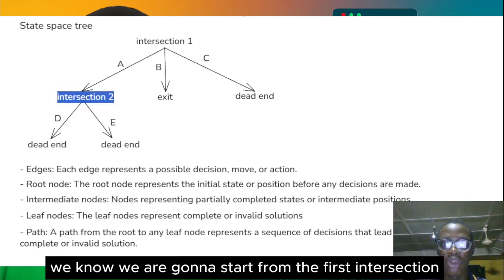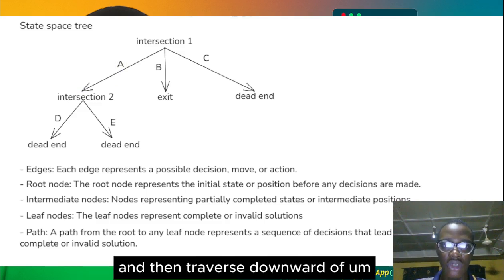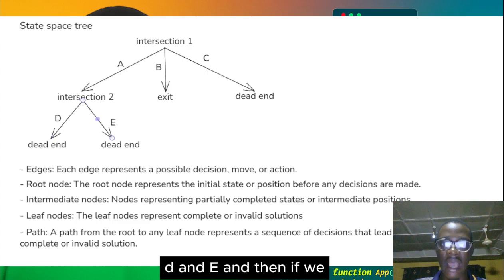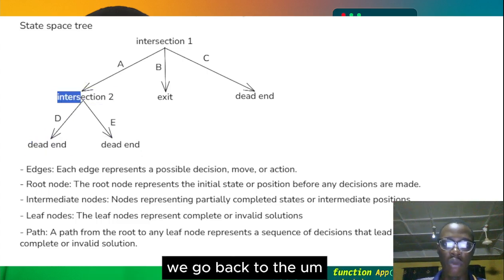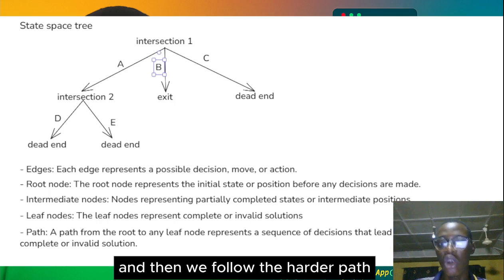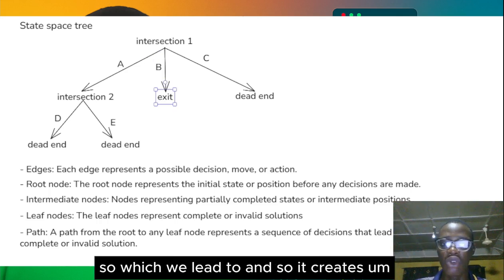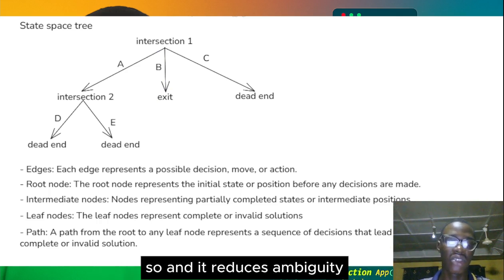We start from the first intersection and go into one of these three routes and traverse downward to D and E. Since this leads to a dead end, we go back to the second intersection and back to the first intersection, and then we follow the other path, which is route B. So it creates a solution space, and it reduces ambiguity.